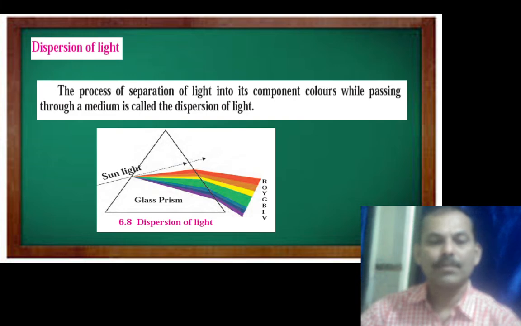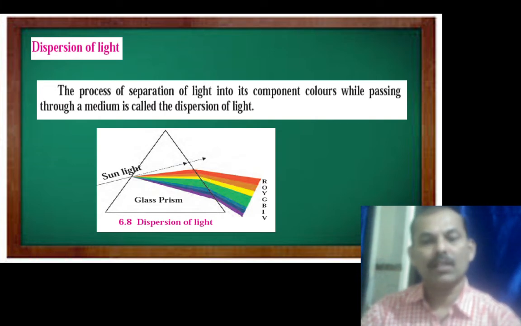This is a glass prism, and when we pass sunlight through this glass prism, that light is converted into 7 different colors, and this is the dispersion of light.